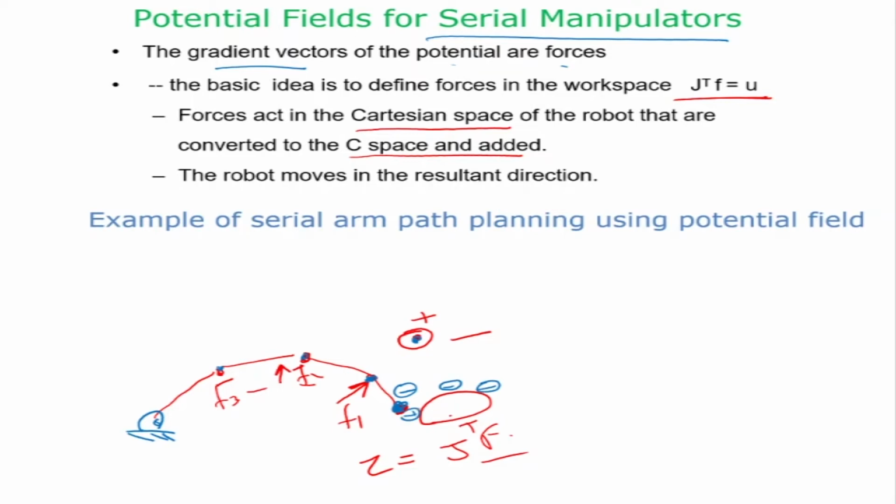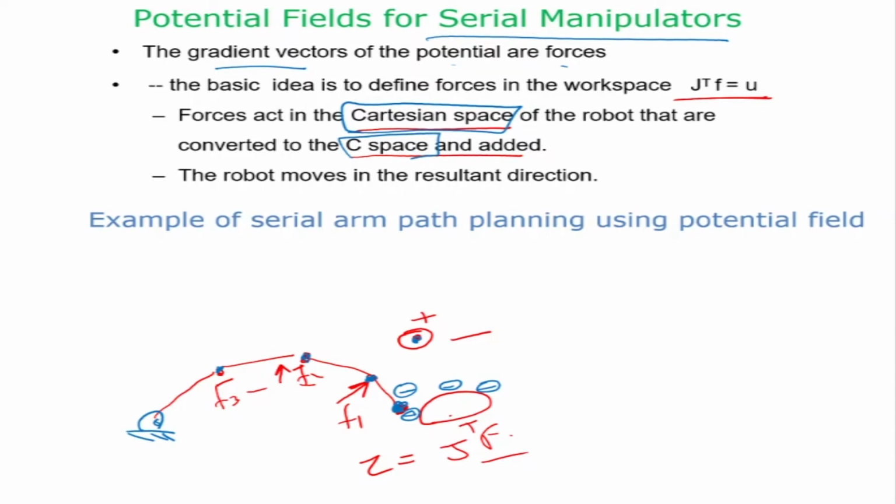The obstacle will tend to push the robot away, and the forces will be acting at all these points that we have chosen. You have to choose those points. The end effector is one point, maybe the joint centers are other points, and see what forces are acting on those joints. Convert them into C-space forces, and then do the planning. So forces acting in Cartesian space of the robot are converted to C-space and then added. Then the robot moves in the resultant direction.